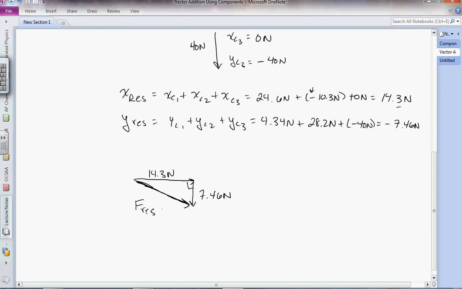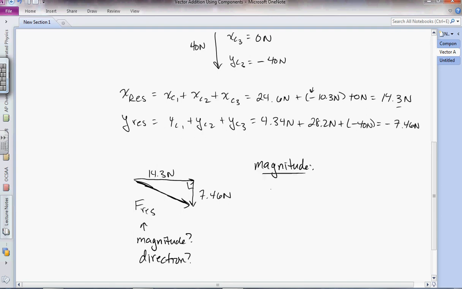And I need to know two things about that resultant force. I need to know what its magnitude is, and because it's a vector, to be totally correct, I need to know the direction that it's pointing in. To figure out the magnitude of that force, I'm going to use the Pythagorean theorem.